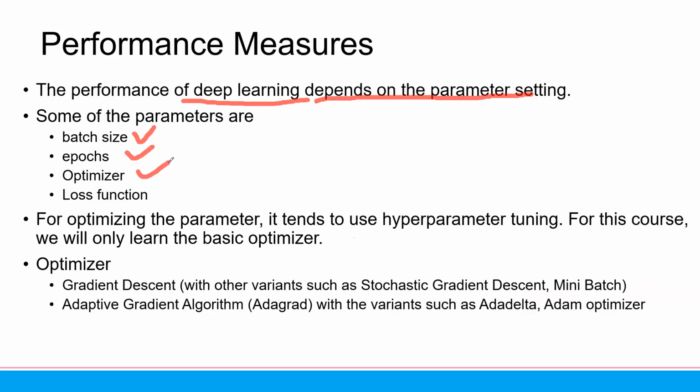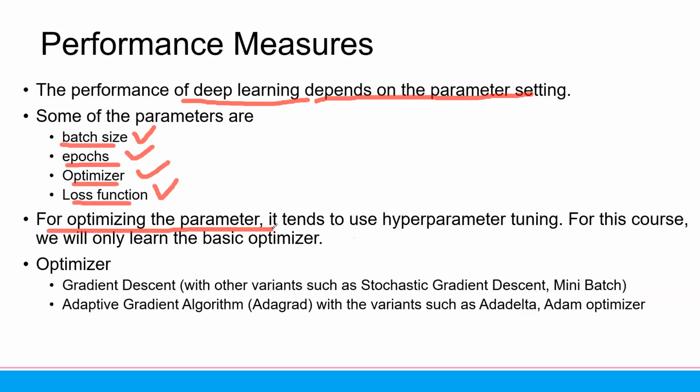Optimizer, if you use Orange, you can see some of the optimizers, like the Adam optimizer or some others. Loss function. Because you already learned this one, you can look at the materials before. So today we will learn the optimizer and loss function shortly.